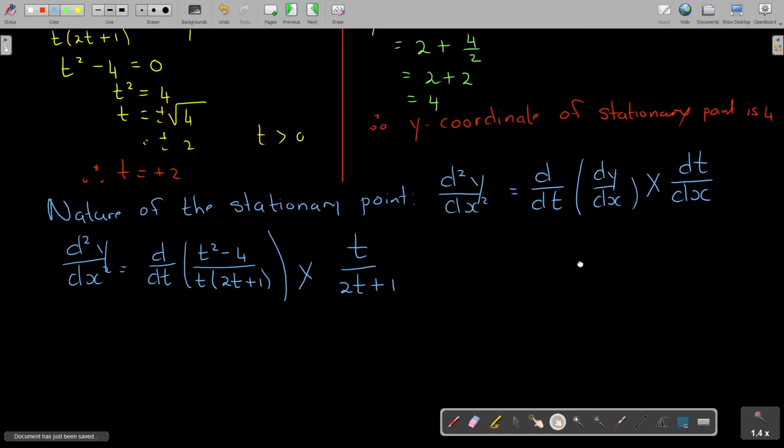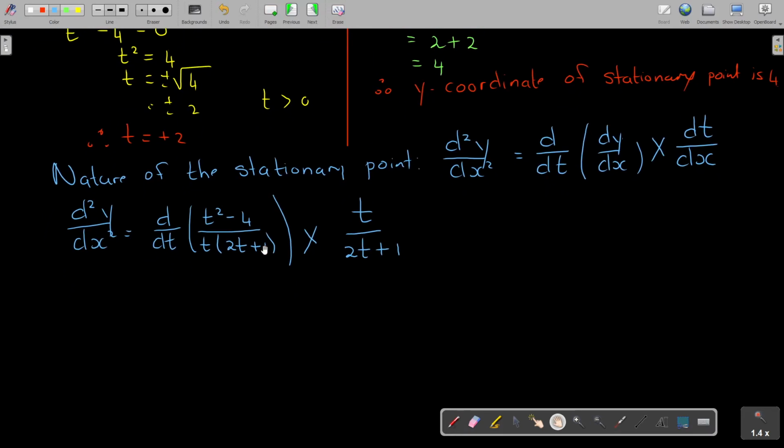Now, differentiating this is the quotient rule. I prefer that you multiply it in, but there's a reason why I also leave it like this, and I'll show you why.